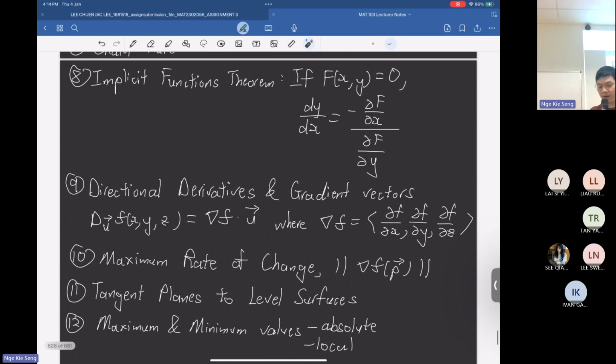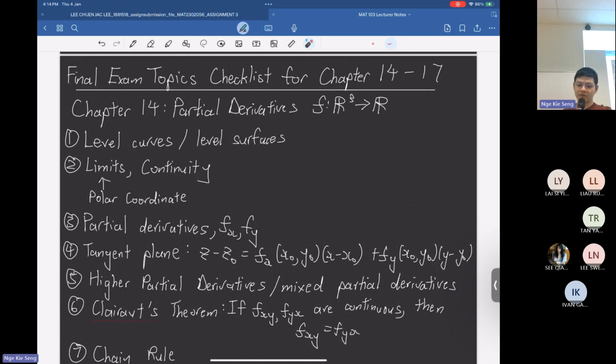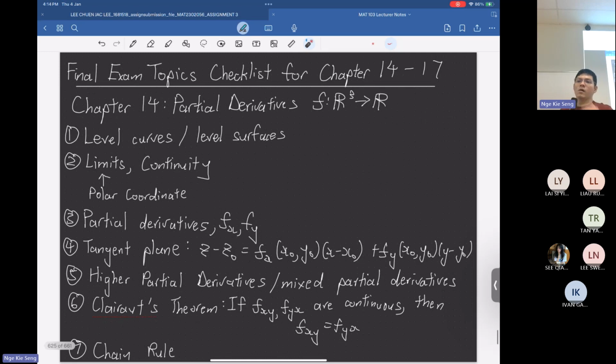And actually the key part of this chapter is the directional derivative. I'll post this. Actually I posted it already last lecture, but I'll do it again. Make sure you run through my lecture notes, because they contain what you need to know.